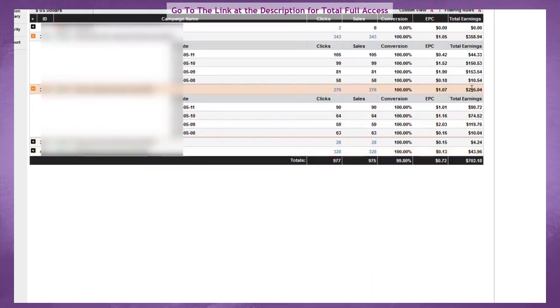But as you can see, the earnings were definitely far less than these 2. 358, 295 again, and this one only did about $43. Still a total of $702, and again it averages out between these 3 networks about $300 a day already, and I only just started this campaign, as you can see, a few days ago. So it's running absolutely awesome so far.